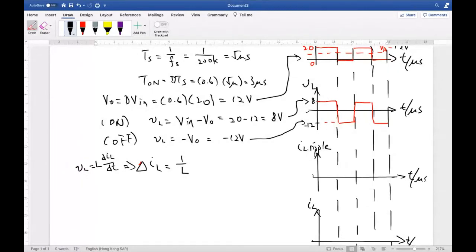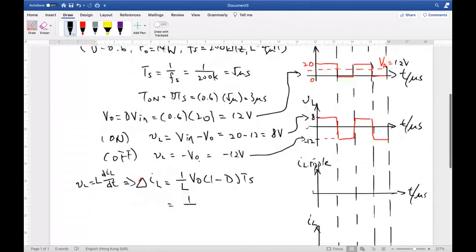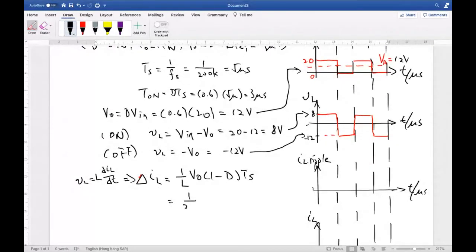No problem. Okay, so it depends. So here I may show you this one. Okay, and then this one, L is given, 24. And then V naught, we just calculate 12. 1 minus, this is also given, and then TS 5 microsecond.